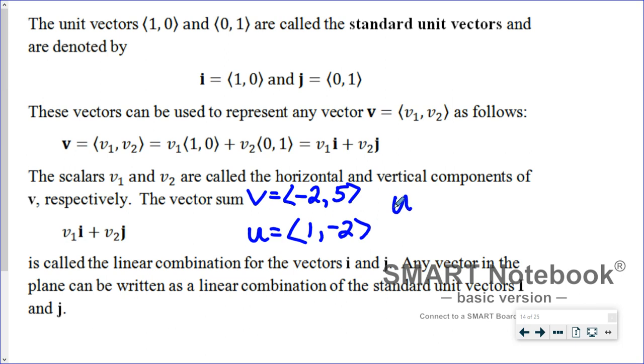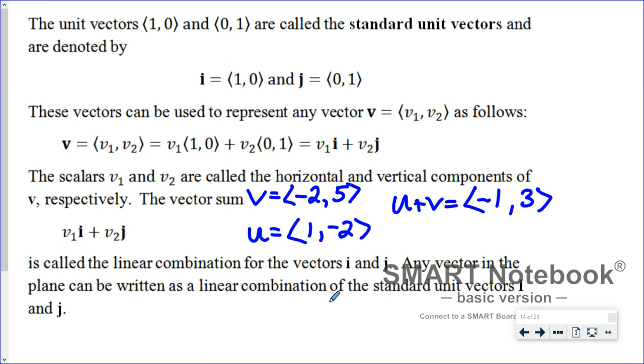Then we know that u plus v, or v plus u, doesn't matter. All we have to do is add their components. So negative 2 plus 1 is negative 1, and 5 plus negative 2 is 3. We've done that algebraically before.